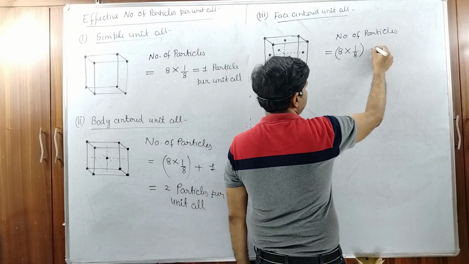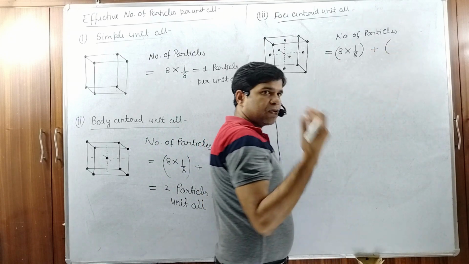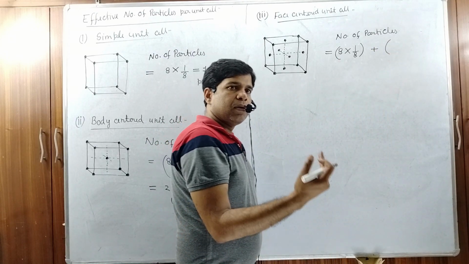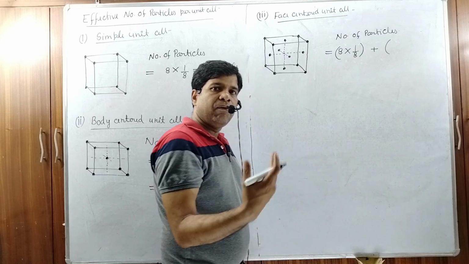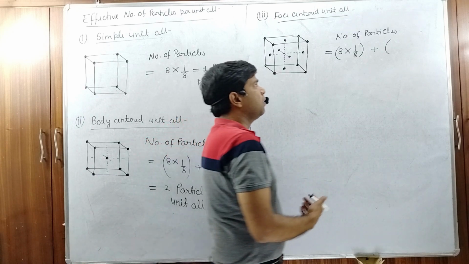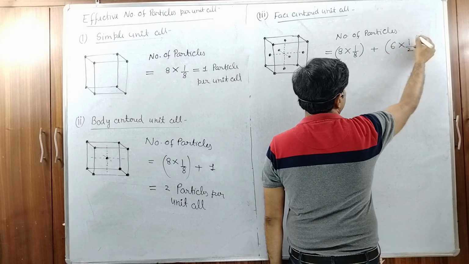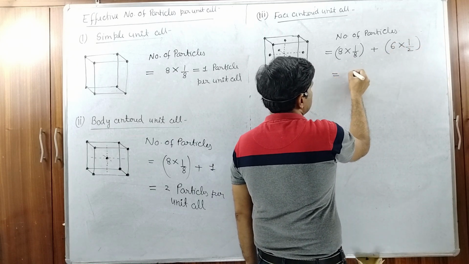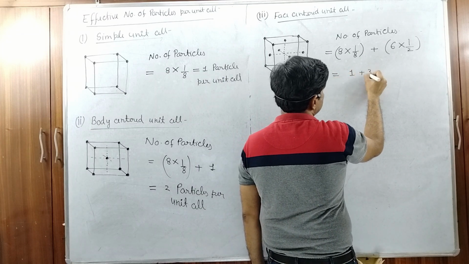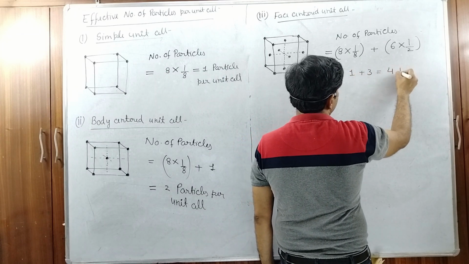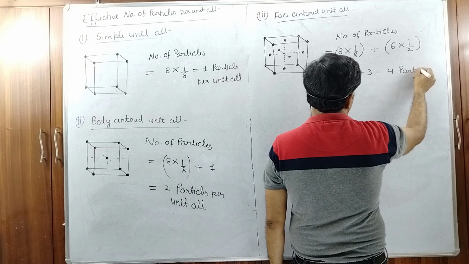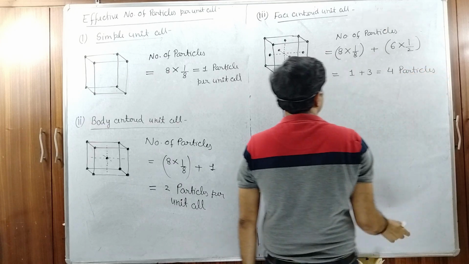Then how many face centers do we have? 6 faces means 6 face centers, and every face center has 1 particle. So 6 faces, and the contribution of every particle at the face center is half. So 1 plus 3, we have 4 particles per unit cell.